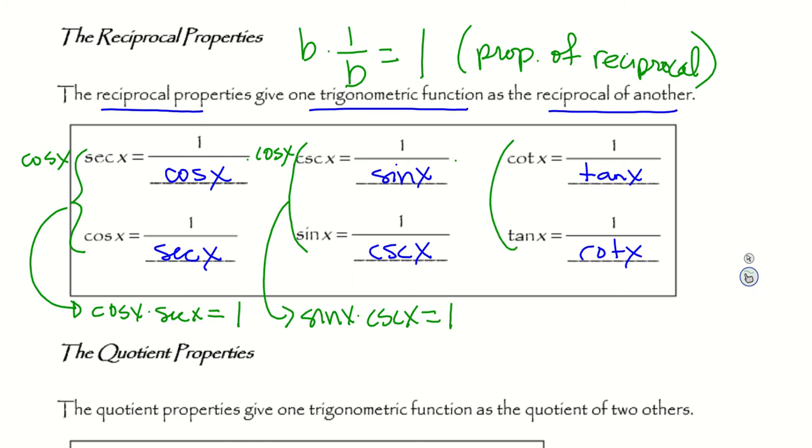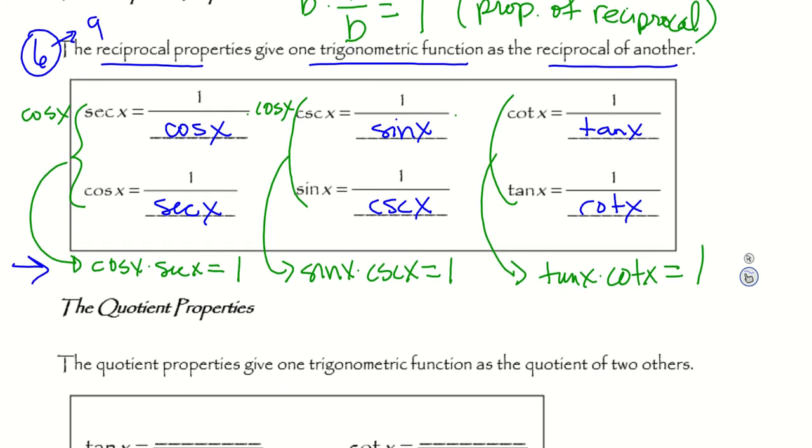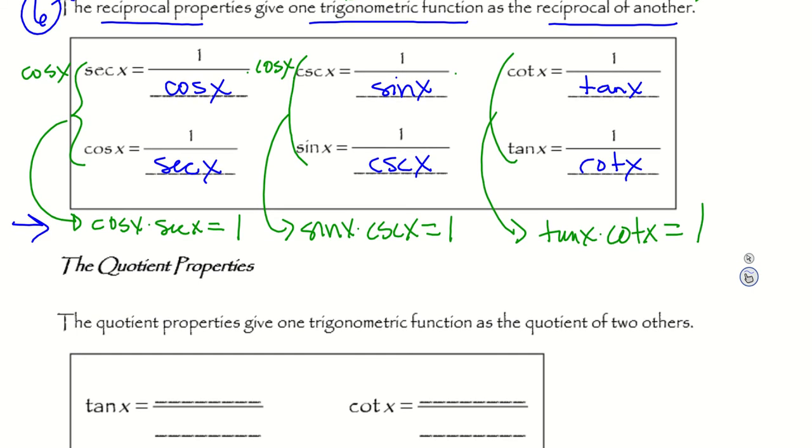And likewise with these two properties, we could get that the tangent of x times the cotangent of x equals 1. So in our reciprocal properties, we have 6 reciprocal properties, or we can even think of that as 9 reciprocal properties when we add these last 3. So our first set are reciprocal properties, which define one function as the reciprocal of another.